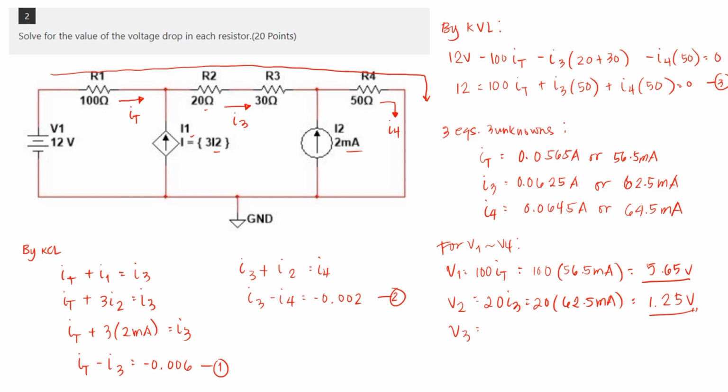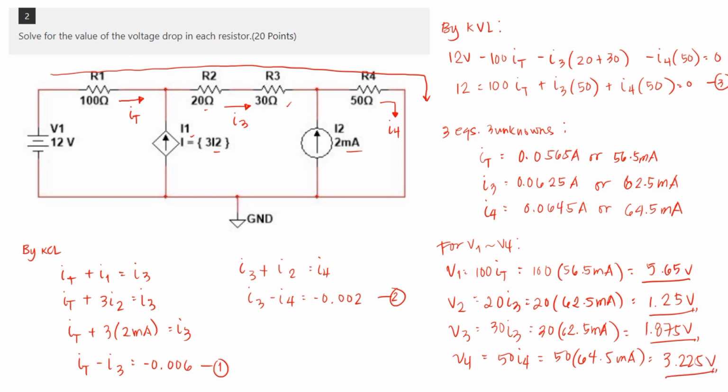Now our V sub 3 is 30 I sub 3, or 30 multiplied by 62.5 milliampere, which is equal to 1.875 volts. And for our V sub 4, that's 50 I sub 4, or 50 multiplied by 64.5 milliampere, and that's equal to 3.225 volts. So that's how we solve circuits with dependent sources.